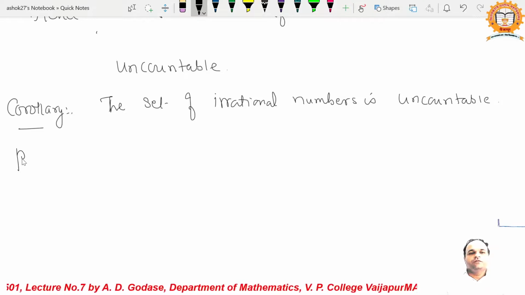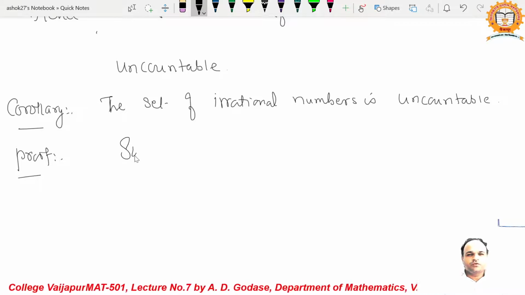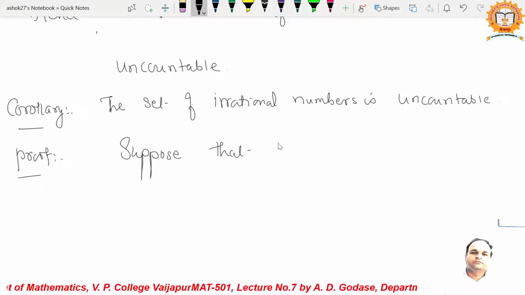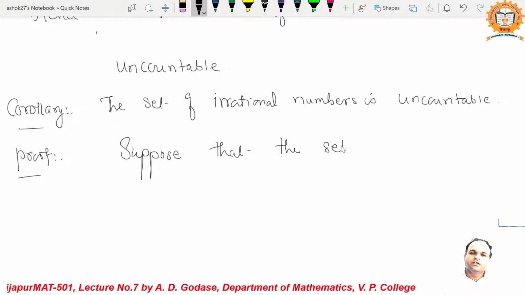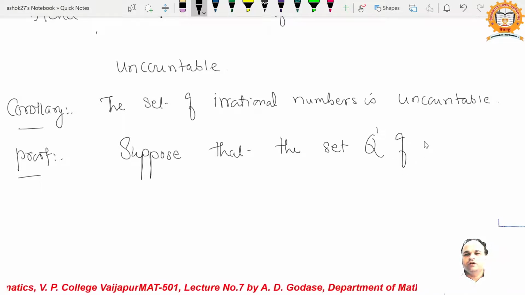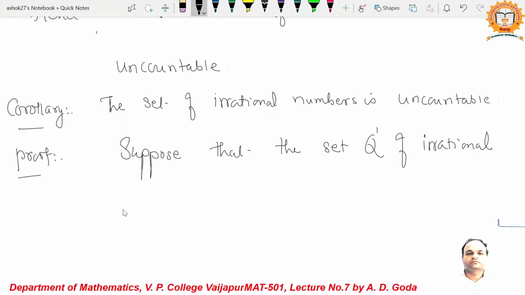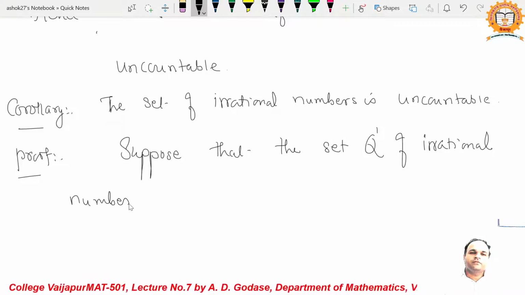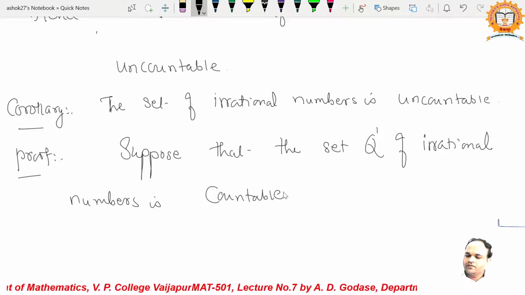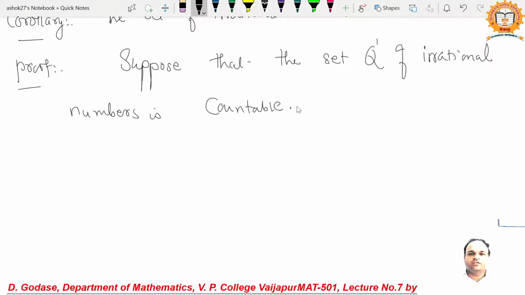So the proof again, on the contrary, assume that, suppose that the set, we can take Q dash, of irrational numbers is countable. Suppose the set of irrational numbers is a countable set, so that is our assumption.